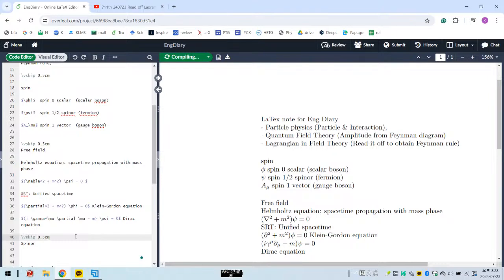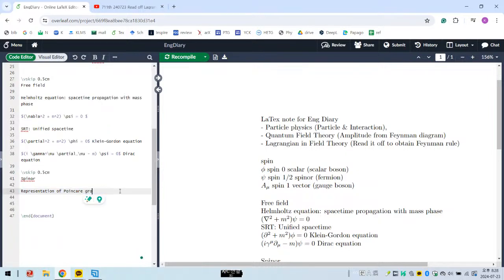First of all, spinors come from the Poincare symmetry, as one representation of the Poincare symmetry. The Poincare group represents the space-time symmetry. So we can translate the space-time and rotate the space-time. The rotation of the space-time means that we can choose two axes.